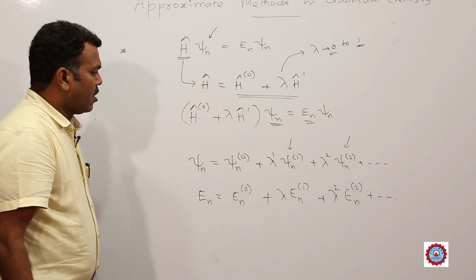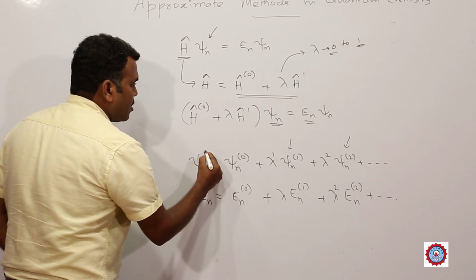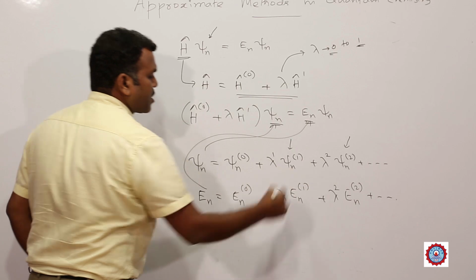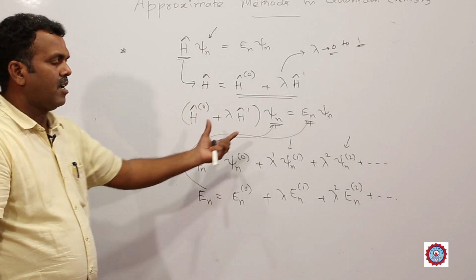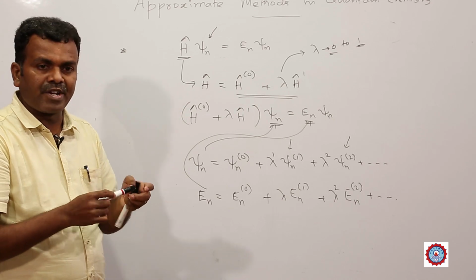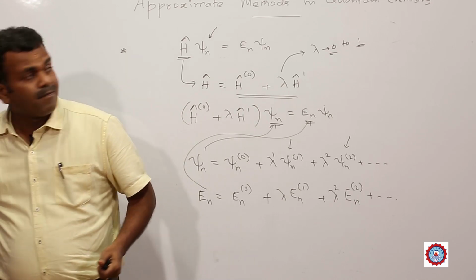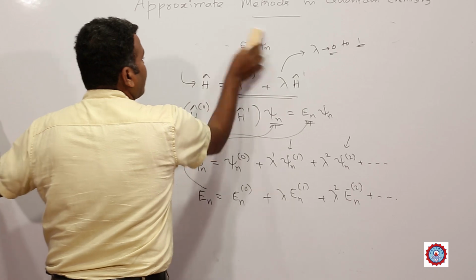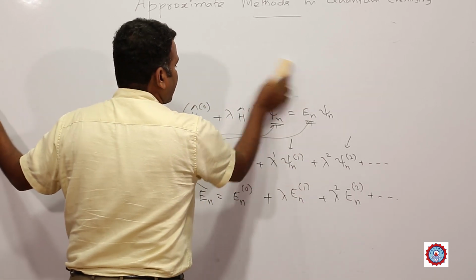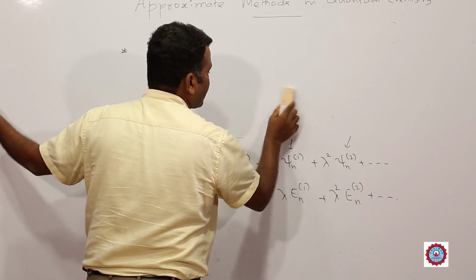So, if you substitute this psi n and this En here, and do some mathematical simplification, we will end up with the expression for the first order correction to the energy.